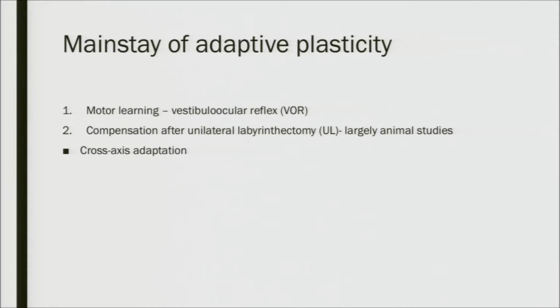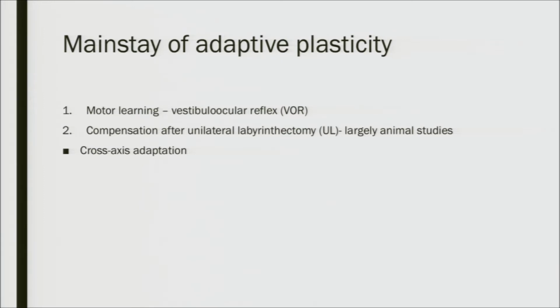And that is why it is extremely beneficial to learn the motor learning on those 3-neuron pathways, because it's a very simple pathway. You can conduct various experiments and we know precisely the motor outcomes that happen with this pathway. We know the eye movements, we can record it with a VNG machine. And another model that's been used is compensation after unilateral labyrinthectomy. These are also largely animal studies.